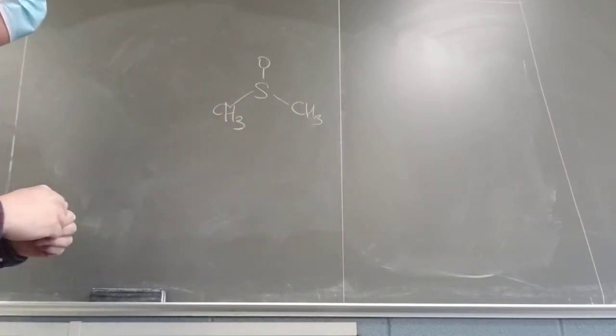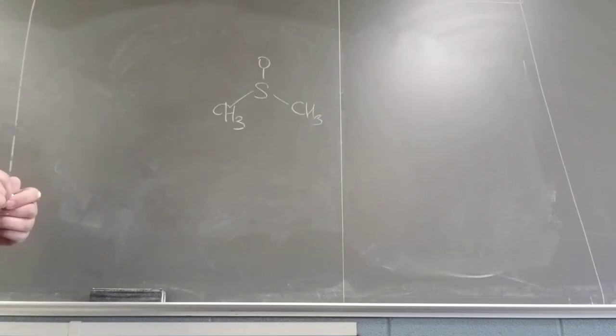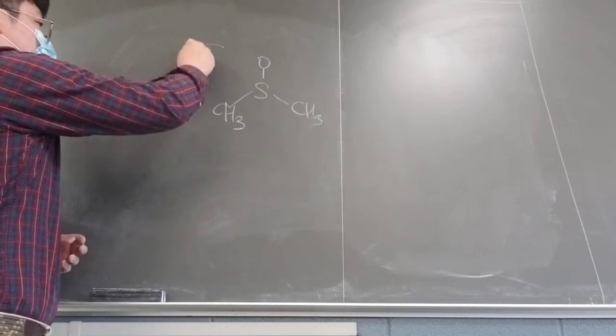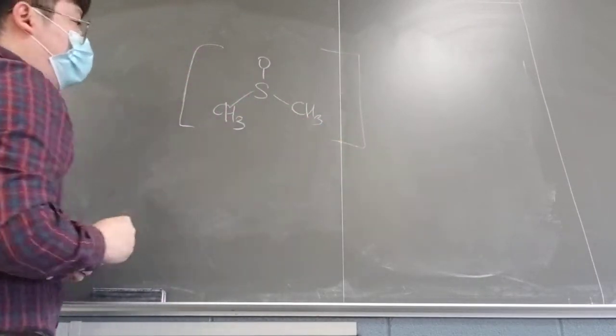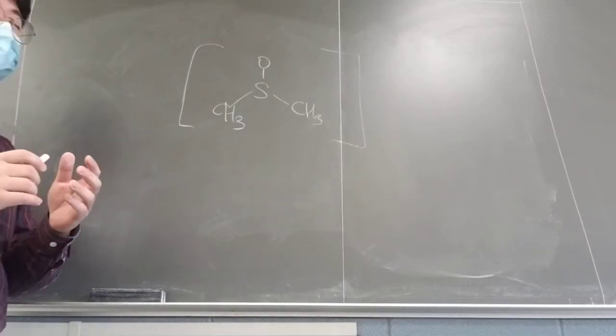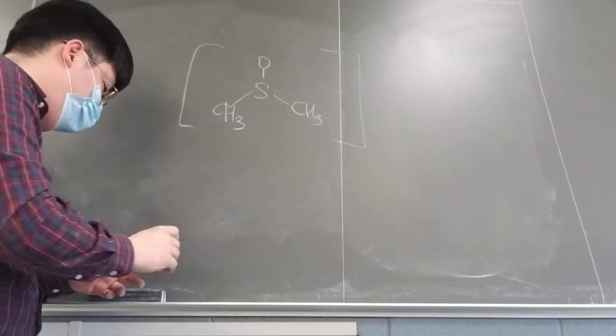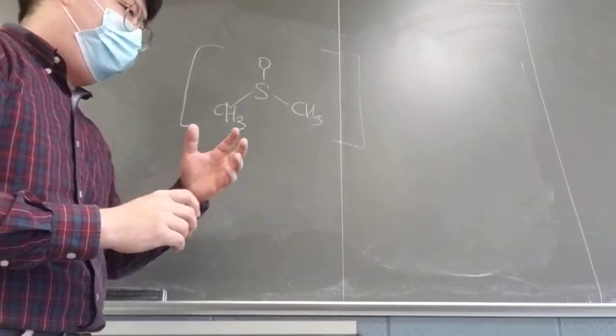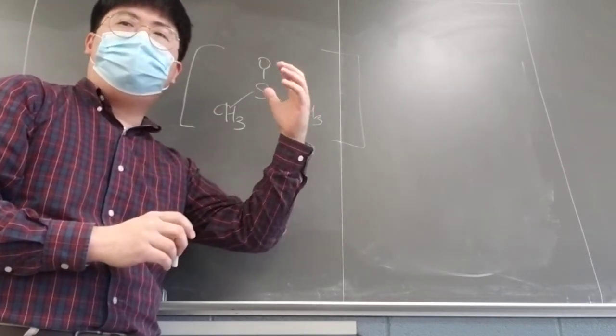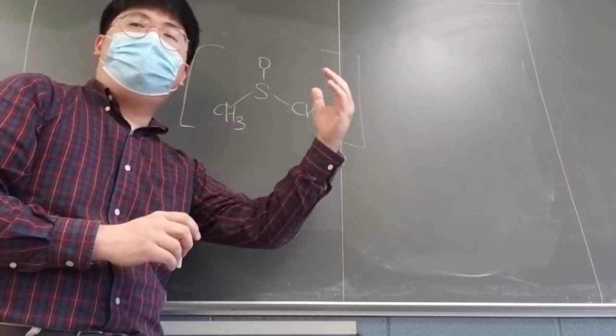Okay, so if you look at a certain type of compound, it looks like this one. You can try to put the formal charge, as we call it. Formal charge is defined by how many electrons you have compared to what you're supposed to have.